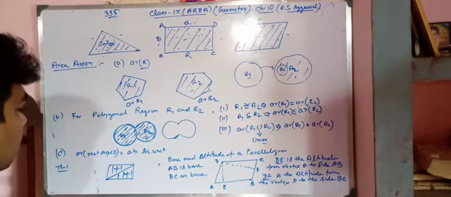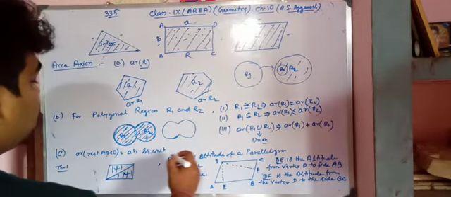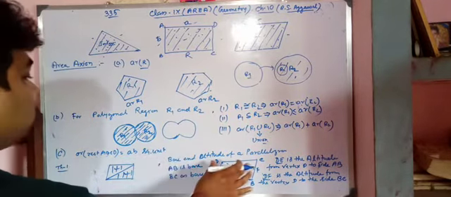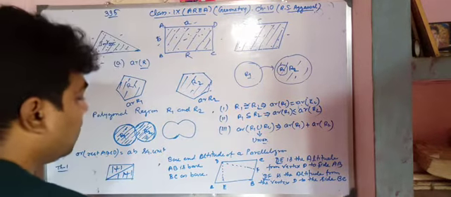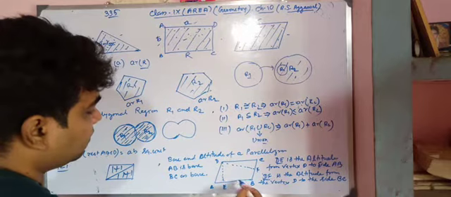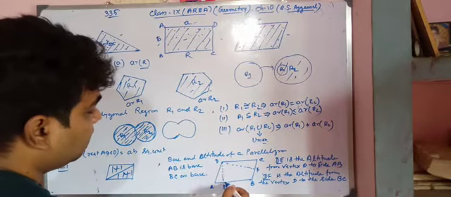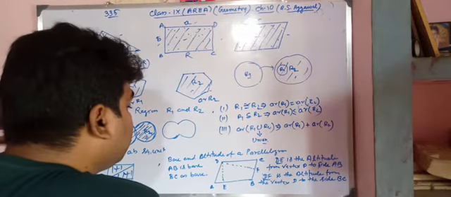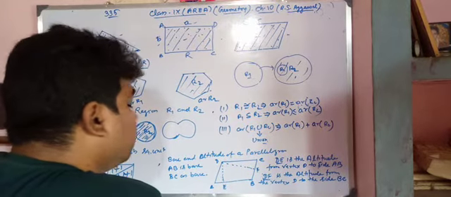Next come to base and altitude of a parallelogram. Now this is a figure of a parallelogram and AB is the base. DE is the altitude from the vertex D to side AB.